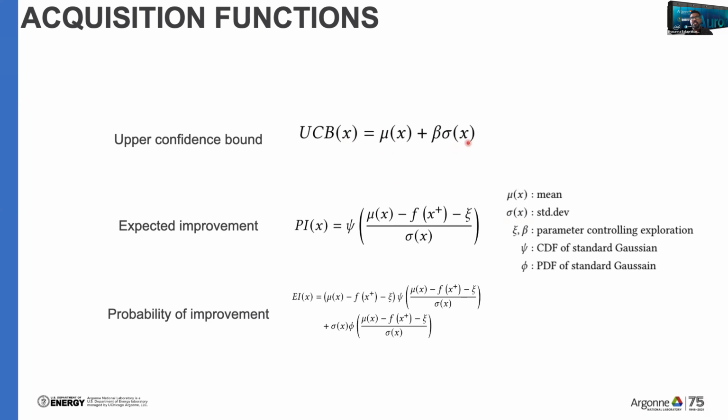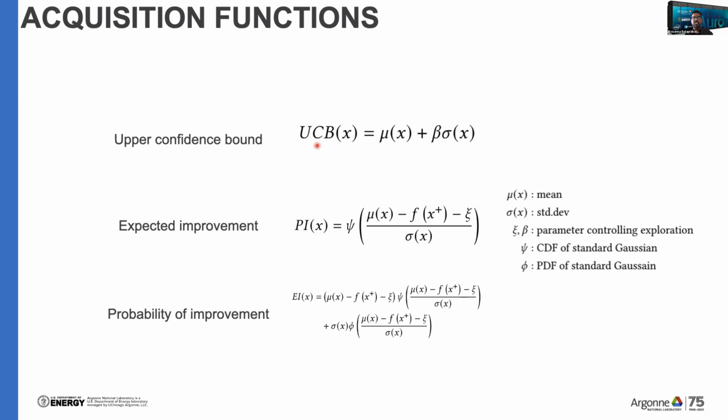Once we have mu and sigma, the upper confidence bound basically combines both of them to select the next set of points. Let's say you generate 10,000 unseen points, and you compute this UCB with its mean prediction mu(x) and sigma(x), where beta is a user-defined parameter, and then select the best point that has the minimal or the maximal UCB.